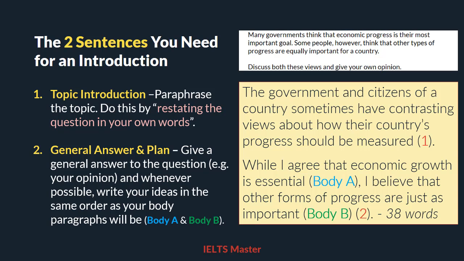When you read this example sentence, it's very clear that in the first body paragraph, I will probably write about economic growth being essential. And in the second body paragraph, I'll write about other forms of progress being just as important. Some IELTS teachers, and this is an okay strategy, will ask you to write one more sentence and say, in this essay, I will discuss both views and give my own opinion, or something like that.